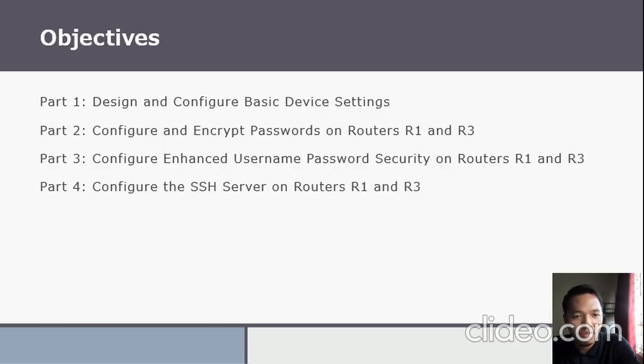And the last part for part 4, we will configure the SSH server on routers 1 and R3. So part 1, part 2, part 3, and part 4 configuration will be presented by me and my group members later on.